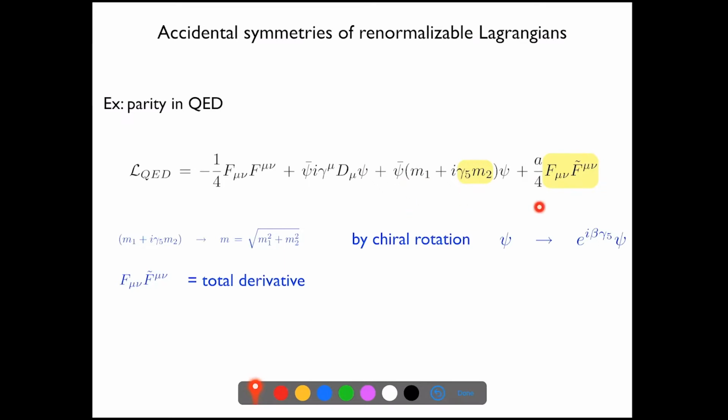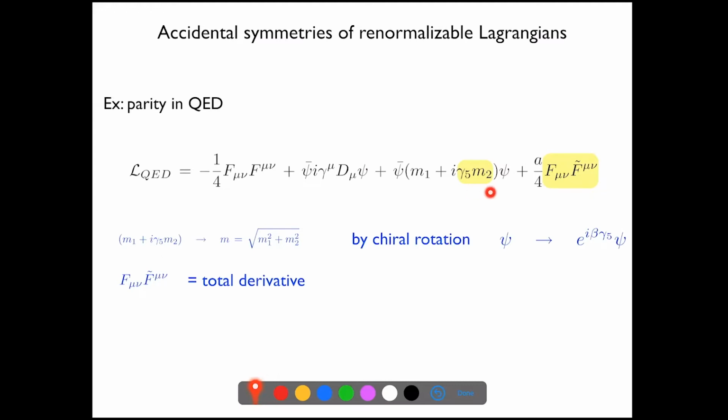Then, of course, we can write an infinite tower of higher dimension operators. But at the lowest order, which is the analog of the monopole, the leading interaction that you have when you go to sufficiently low energy, well, then you realize that, like it or not, this Lagrangian is parity invariant, unavoidably.